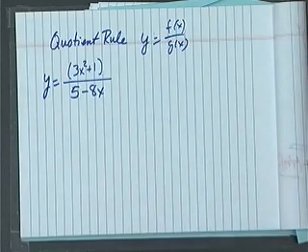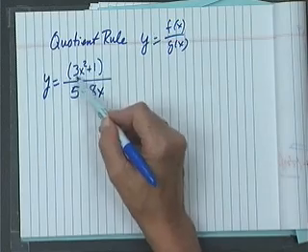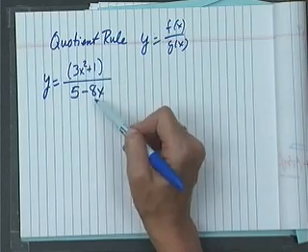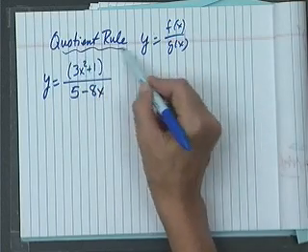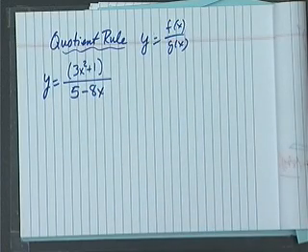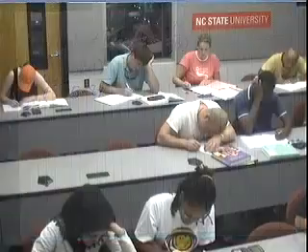I didn't need a parenthesis in the top. I was going to make it a little more interesting, but we'll do another one more interesting. So it's 3x squared plus 1 divided by 5 minus 8x. Find the derivative using the quotient rule. And feel free to mumble your rule, because the more you mumble, the better you get.